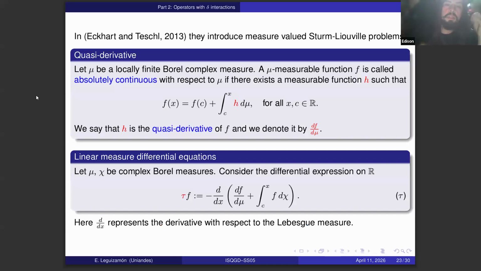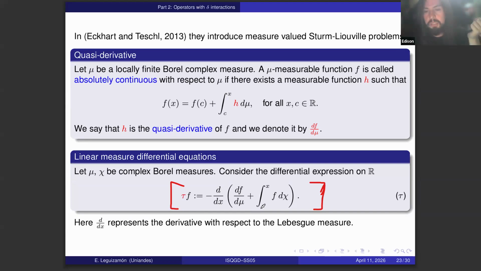They consider this differential expression, and of course, in this differential expression is contained all classical theory and even the singular theory.